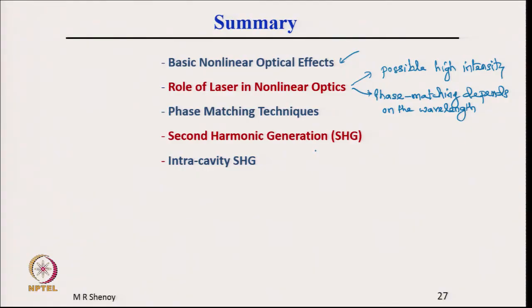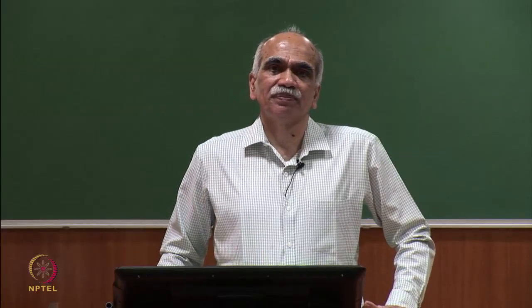And as an example, I discussed second harmonic generation, and we have seen the importance of intracavity SHG, because the efficiency of second harmonic generation depends on the intensity of the pump wave.